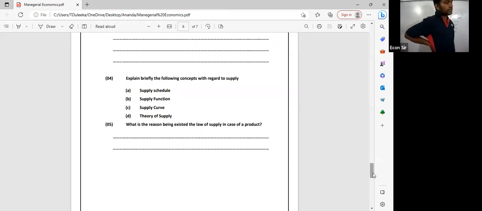That is the algebraic presentation of the law of supply. බීජගණිතමය ඉදිරිපත් කිරීම.